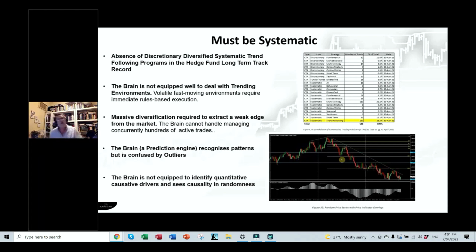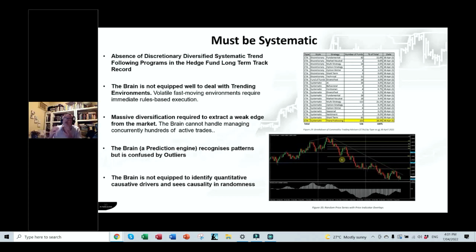However, because we are trading such vast portfolios under such intense diversification in very volatile markets, our brains simply cannot execute trades in accordance with rules if we're not systematic. So that's the reason for this absence of discretionary CTA trend following funds, because unfortunately the machines beat us at this game when we are using this rules-based approach under extensive diversification.